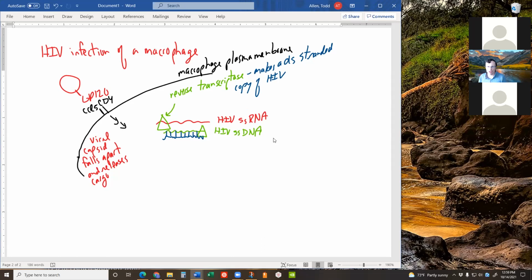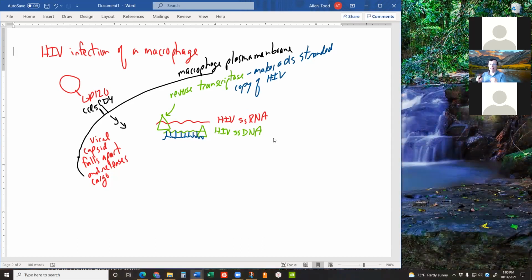Well, folks, it doesn't just float into the nucleus. There is machinery in the cell that will bind to the HIV DNA and look at certain information that's encoded in the DNA. Within DNA, there are sequences of nucleotides called nuclear localization sequences, nuclear localization signals.